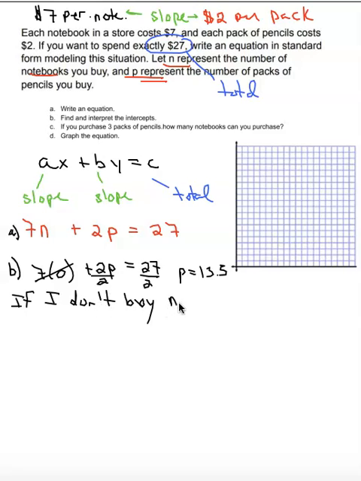So my interpretation: if I don't buy any notebooks, I can buy 13.5 packs of pencils.